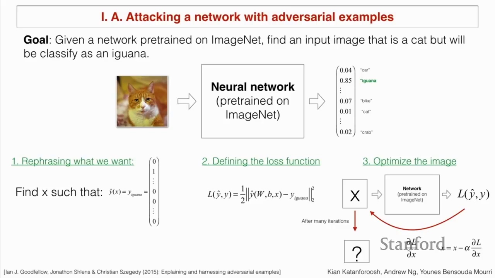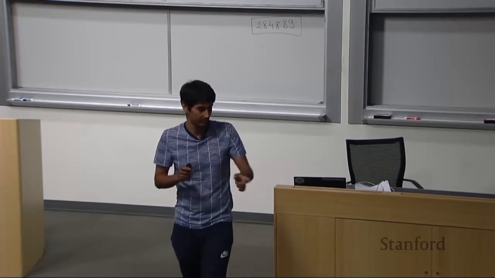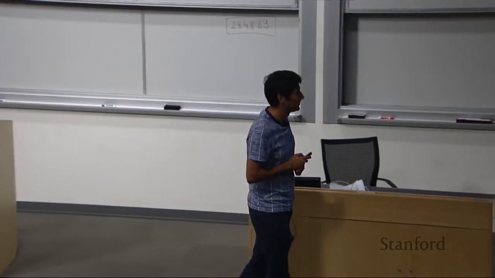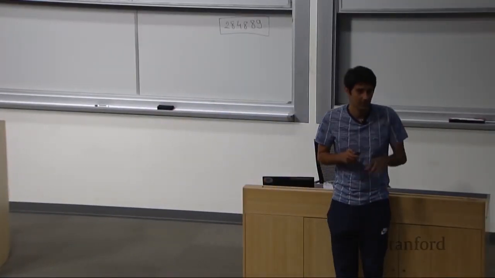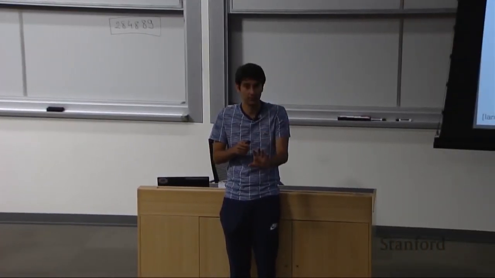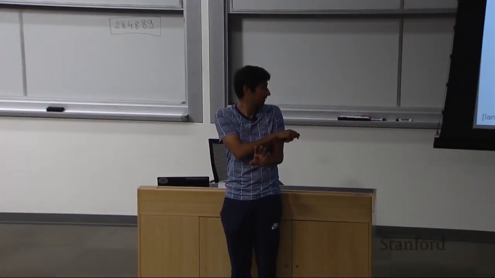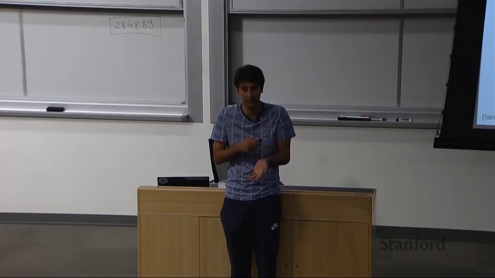Now, the way we rephrase our problem will be a little different. Instead of saying we want only y hat of x equals y iguana, we have another constraint. What's the other constraint? Yeah. The picture x should be close to the picture of a cat. So we want x equal or very close to x cat.